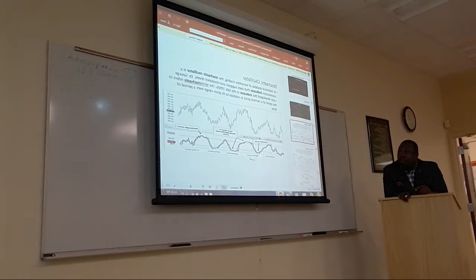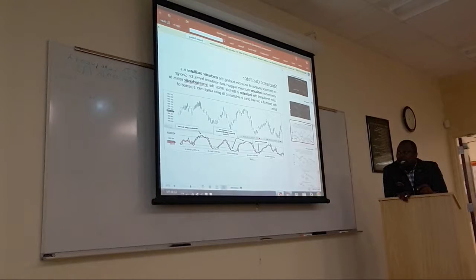Typically, let's just say we were right here. The market was down here, and then this blue line would start to peak up. When this blue line starts to curl up, then this started to change.